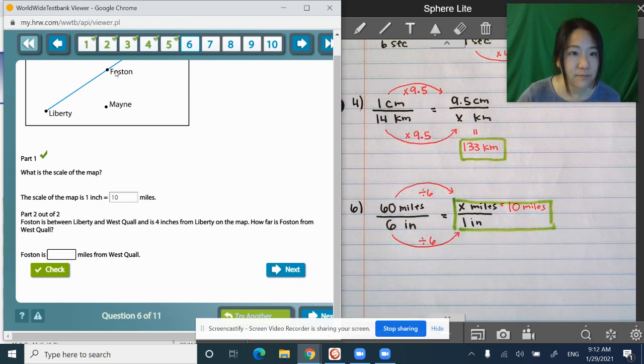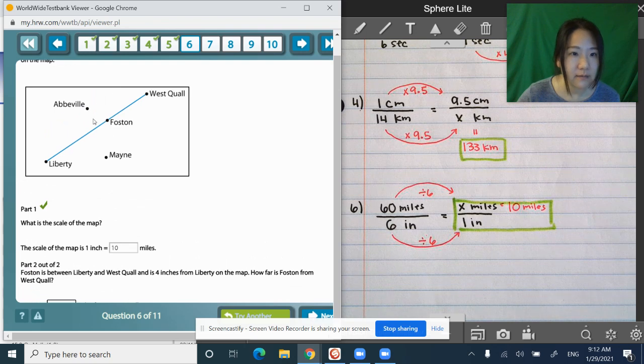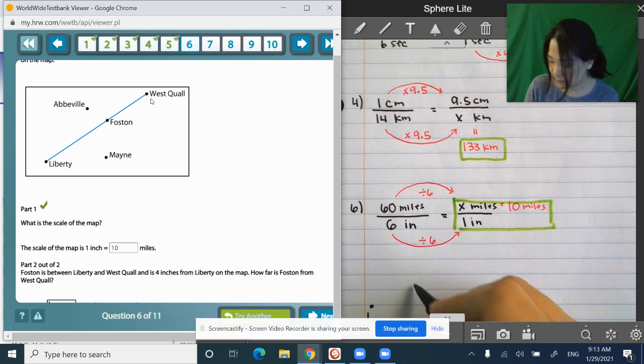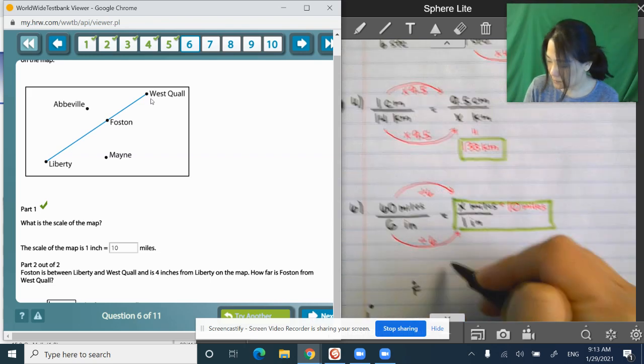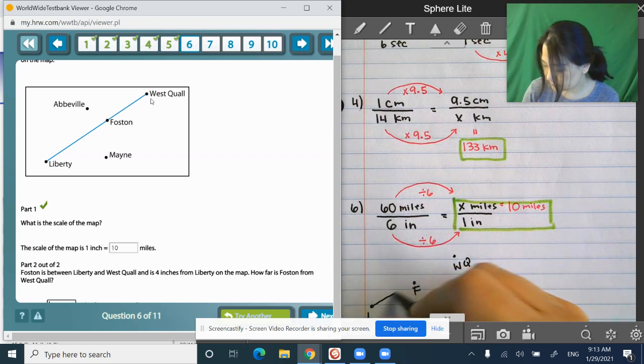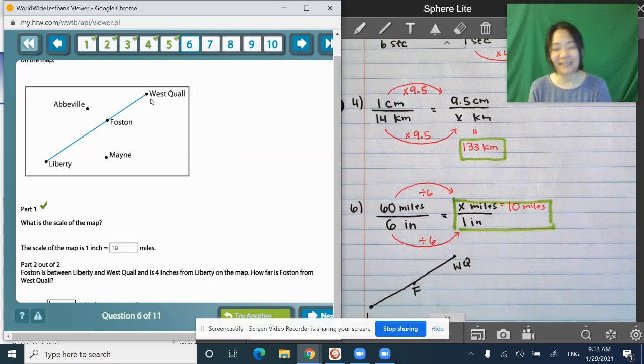Boston is between Liberty and West Quail and is 4 inches from Liberty on the map. How far is Boston from West Quail? Okay, so let me draw that out here. Here's my map.